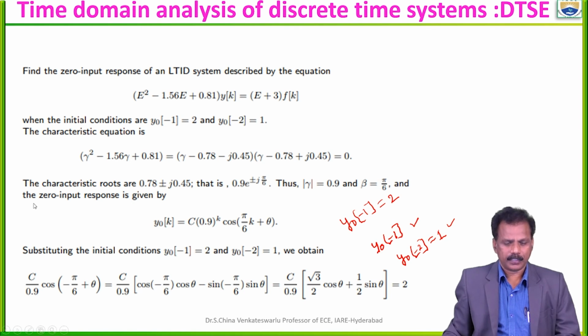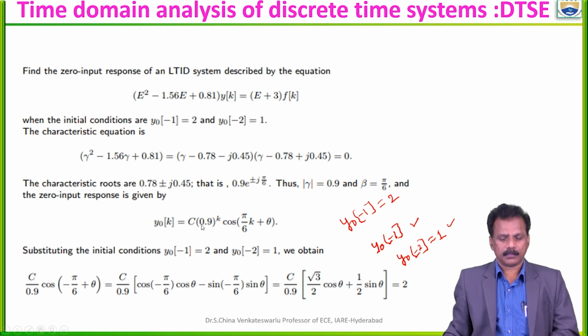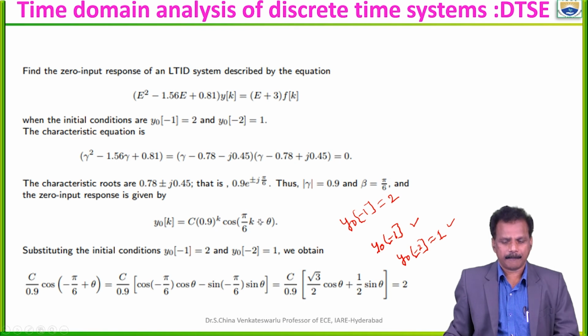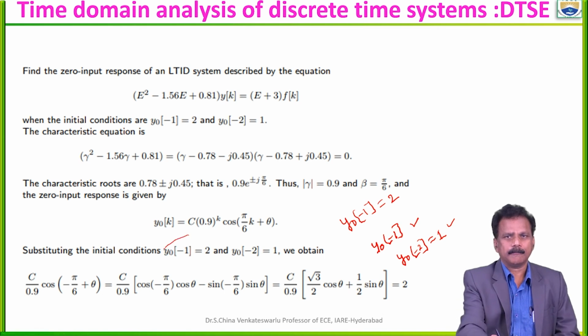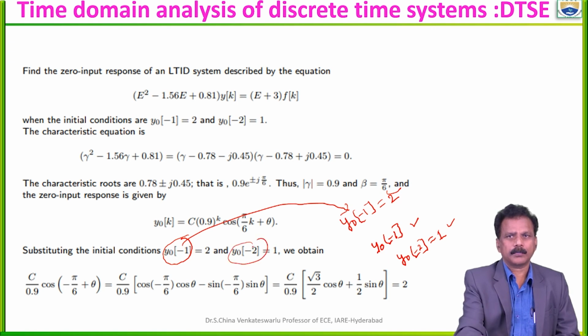The zero input response is given by y naught of k equal to c into 0.9 power k into cos of pi by 6 into k plus theta. Substituting the initial conditions y naught of minus 1 equal to 2 and y naught of minus 2 equal to 1.